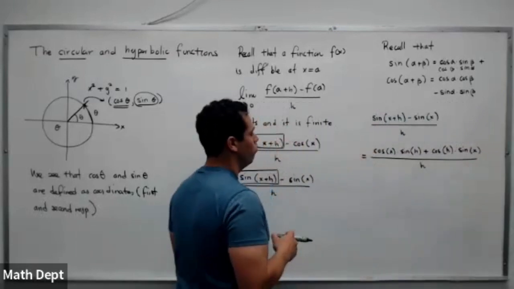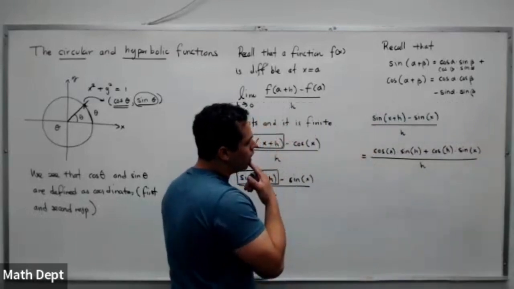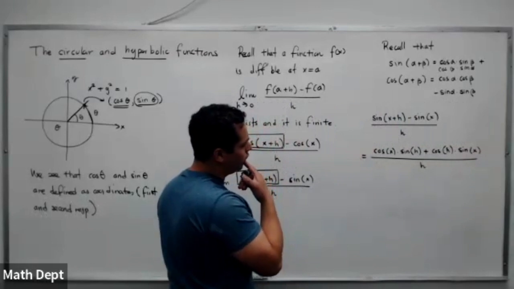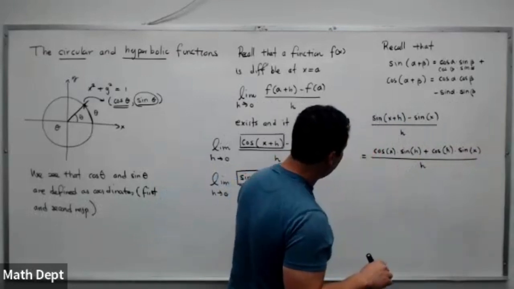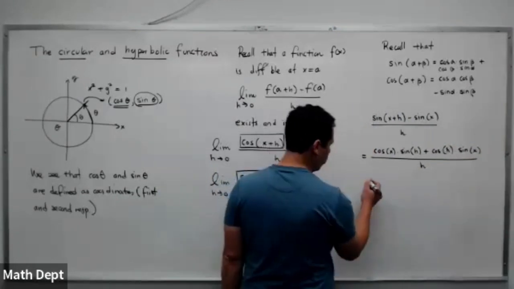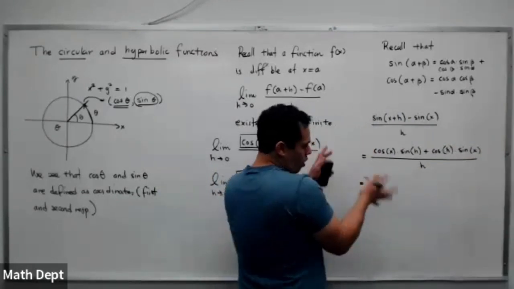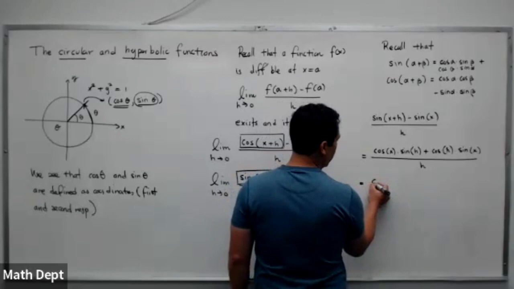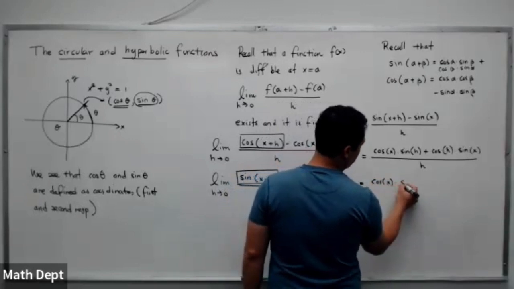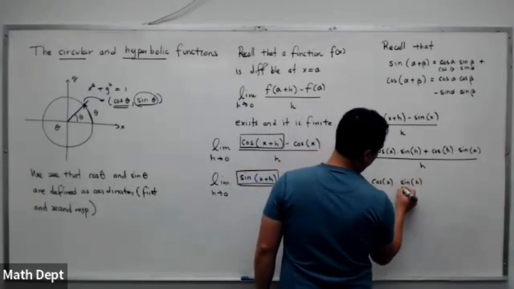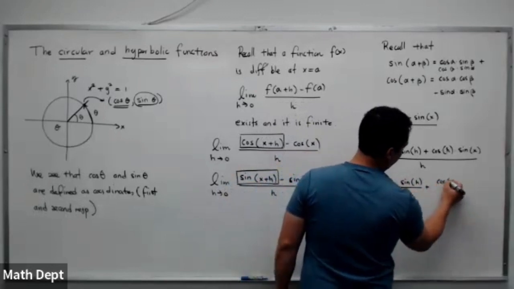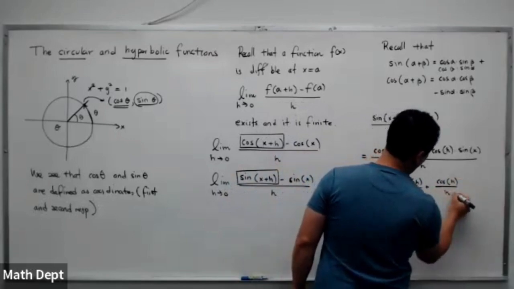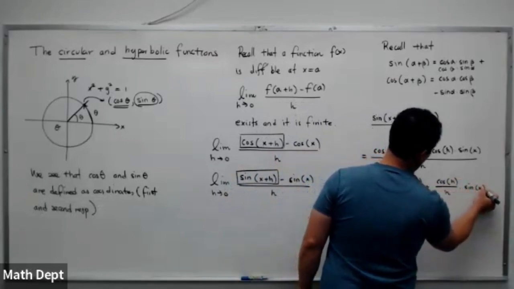It seems at this stage that we need to gain information about the following. If I was to rewrite it, I have cosine of x times sine of h over h plus cosine of h over h times sine of x.